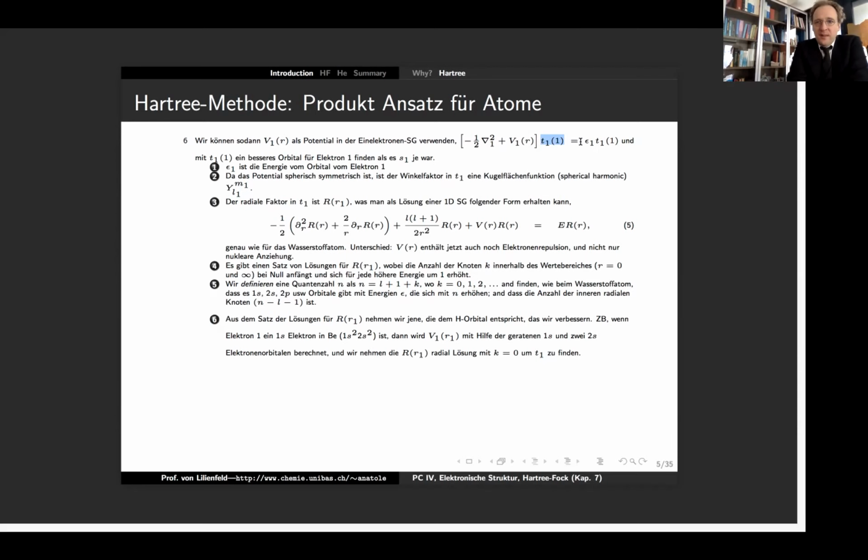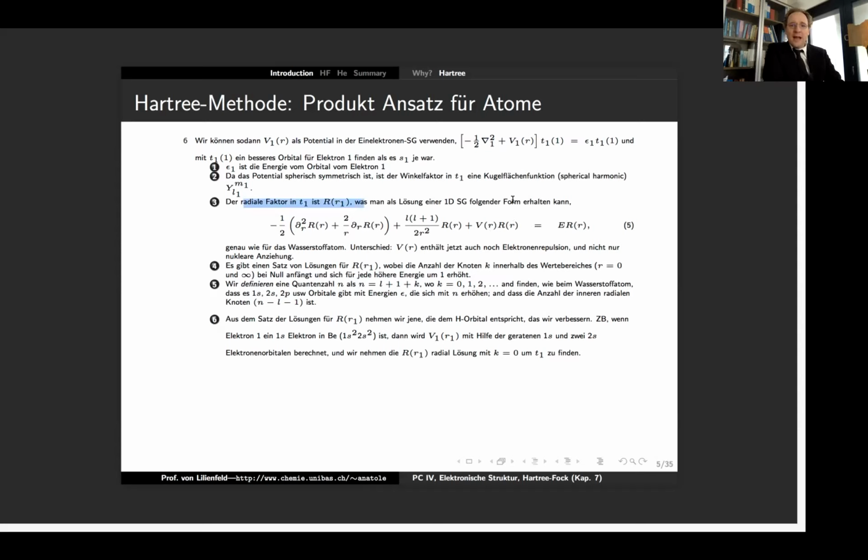And now, if you solve that, then your epsilon 1 would be the energy of this orbital, the eigenvalue. In T1, because the potential is spherically symmetric, we would expect for T1 again that we can simply have a multiplicative spherical harmonic imposing the angular dependency, and the radial factor in T1 is what you want to get.